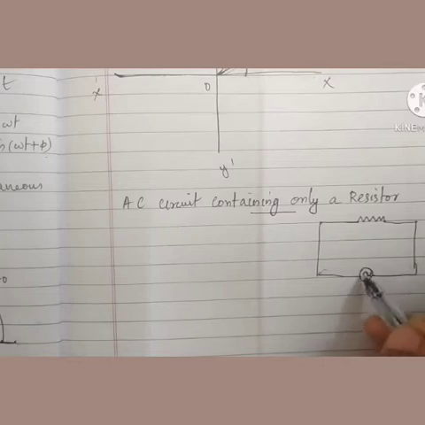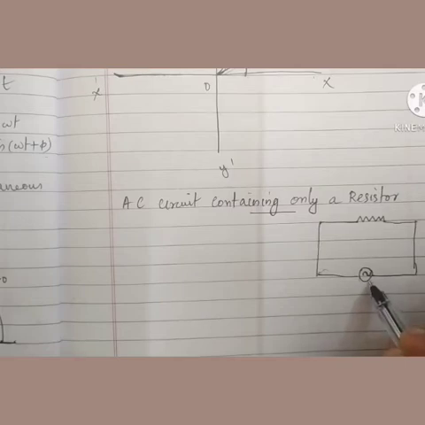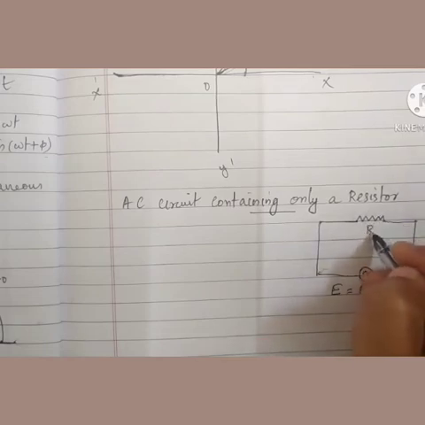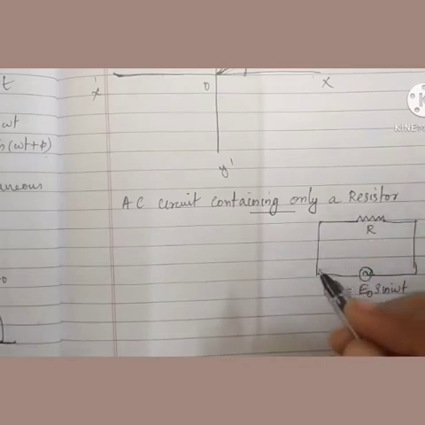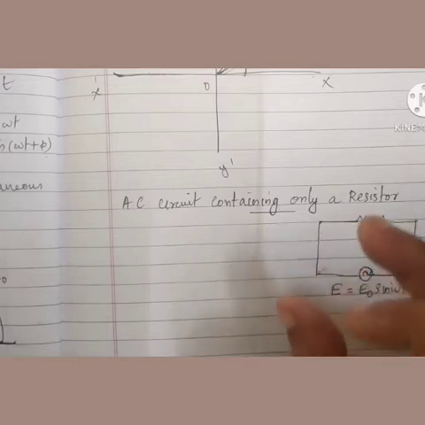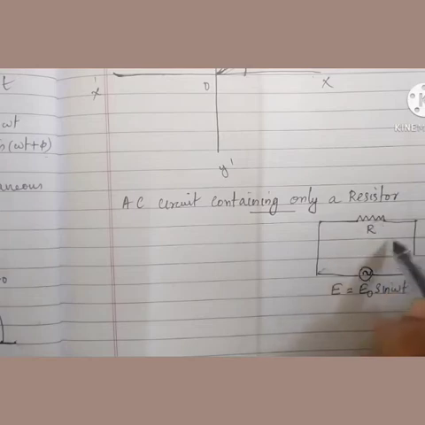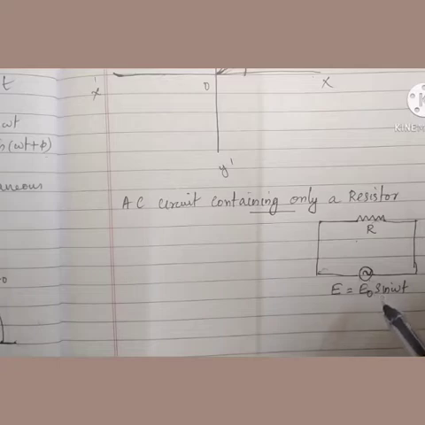So this is the AC symbol used to represent that. Here we are supplying a voltage, that is the alternating voltage. So it will be E is equal to E naught sin omega t. And we have only a resistor in the circuit. Understood? This is a purely resistive circuit. A resistor of resistance R is connected to a source of EMF E, which is equal to E naught sin omega t, and it is a purely resistive circuit.